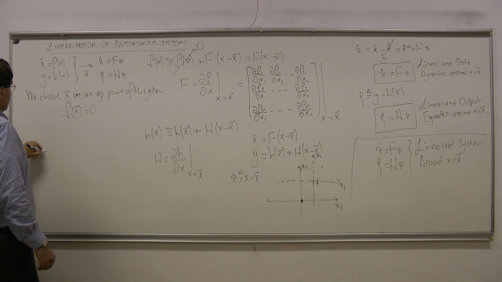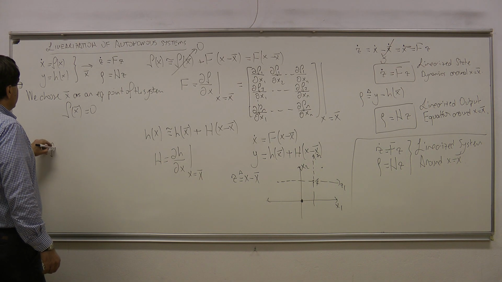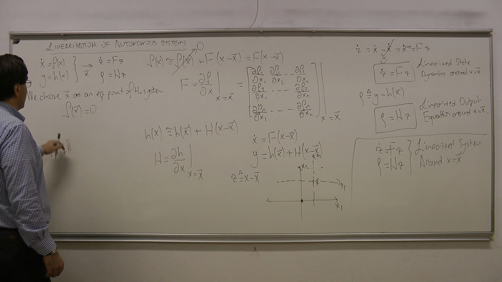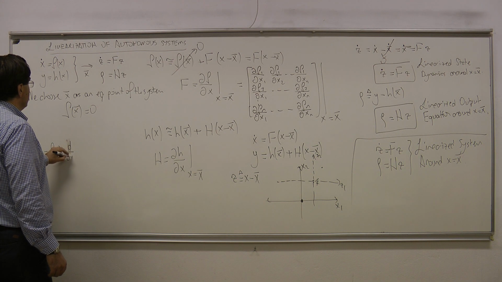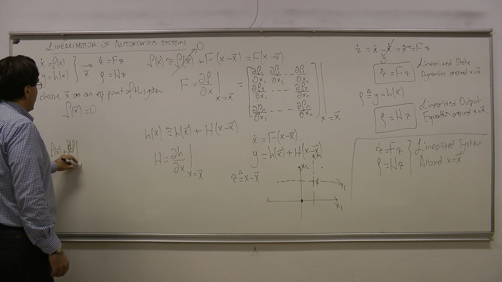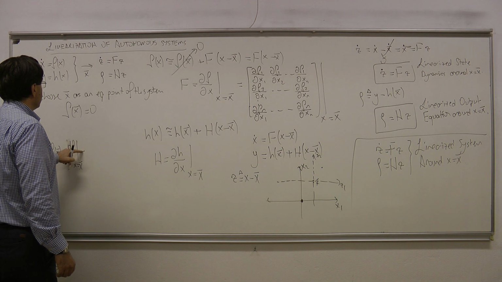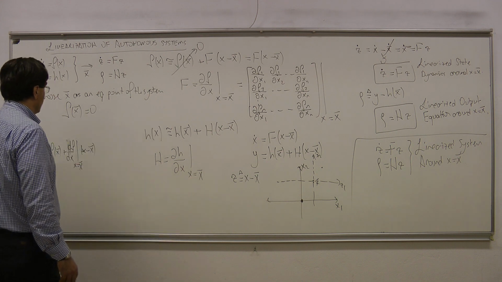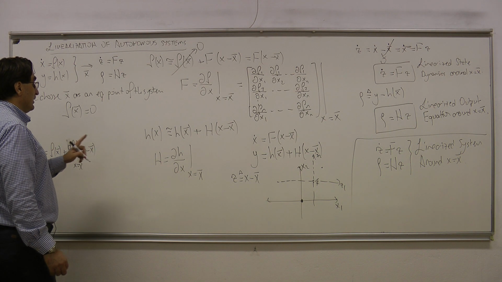F of x is equal to f of x bar plus, I will write the scalar case here, d over dx of f, evaluated at x equals x bar, times x minus x bar. This is the first order term we always use, but there are also higher order terms.